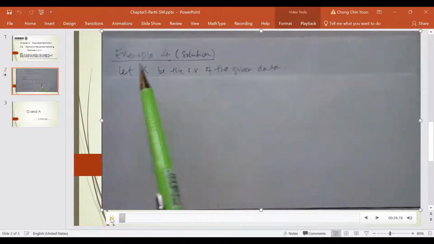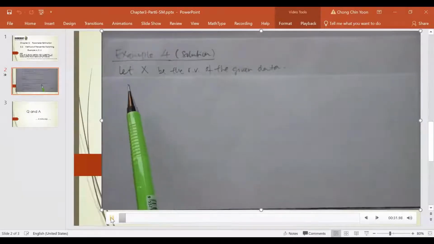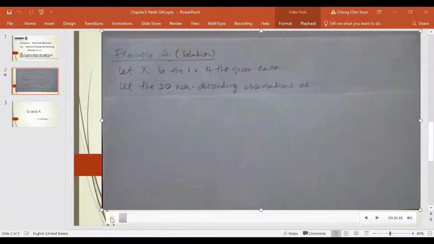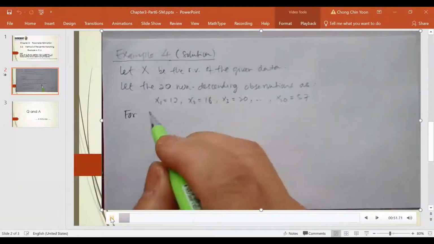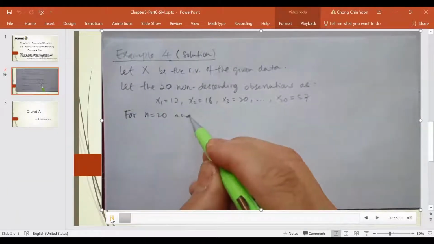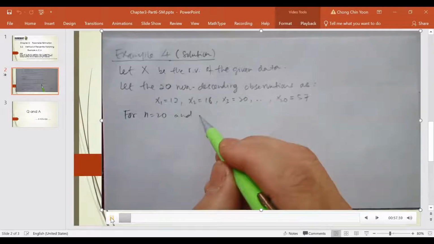Let's look at the solution of this example 4. Let x be the random variable of the given data. Let the 20 non-descending observations be as follows: x1 is 12, x2 is 16, x3 is 20, and until x20 is 57. For n is 20, that is the sample size, and this probability is 0.6.